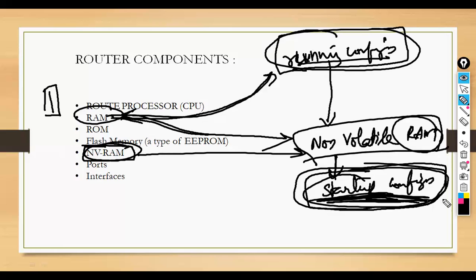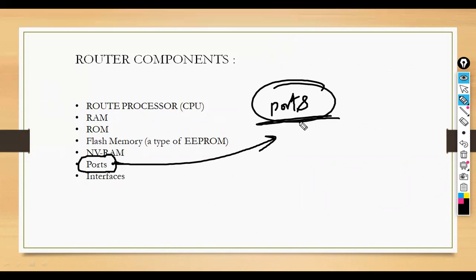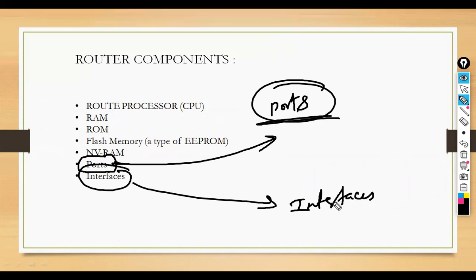Okay. Now you got some more things here. You got something called ports, and you got some ports called interfaces. Interface means that using the interfaces, you are connecting to the network.